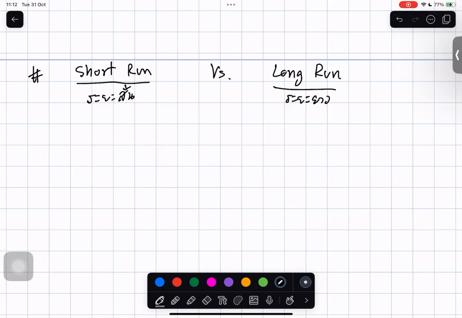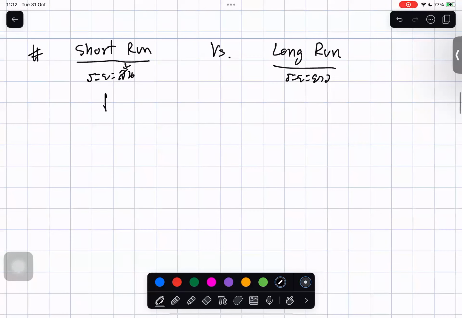So we take a look at production function. We can distinguish between short run production and long run production. Definition of short run: it's a period of time such that at least one input is fixed.